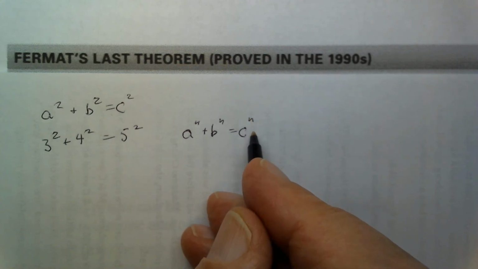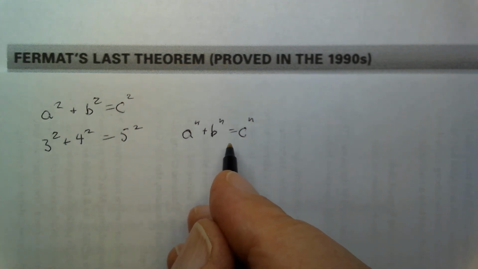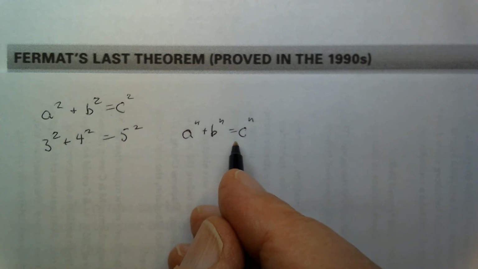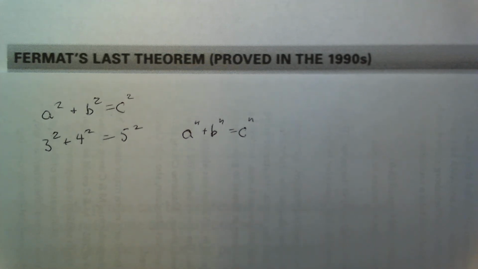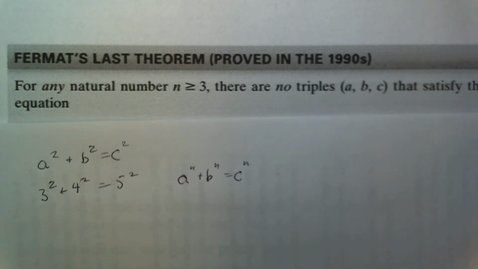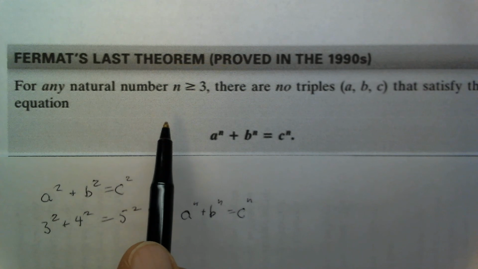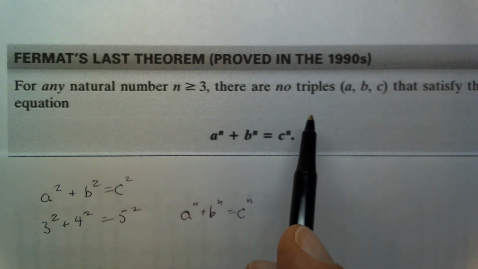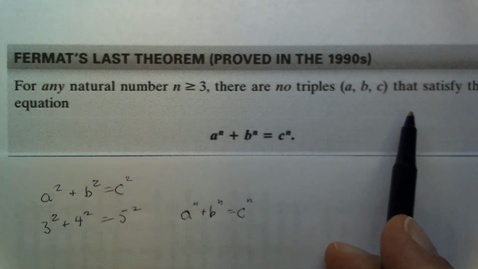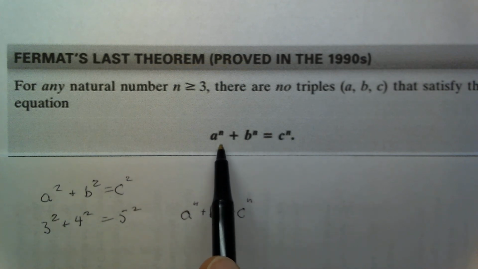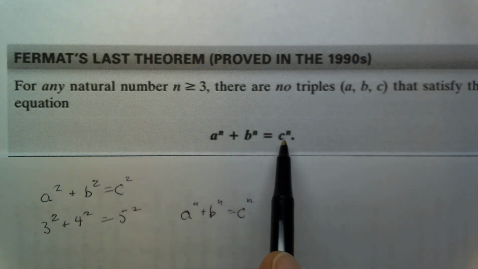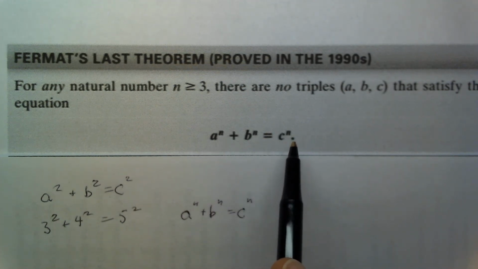That was a great question that people investigated, and Pierre Fermat made a statement many hundreds of years ago, and here's his very famous theorem. For any natural number n greater than or equal to 3, there are no triplets a, b, and c that satisfy the equation a to the n plus b to the n equals c to the n.